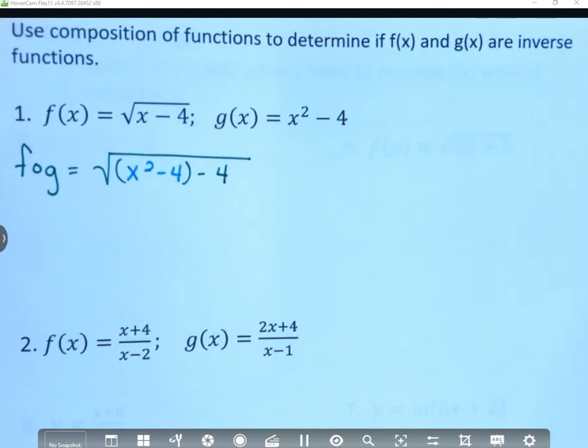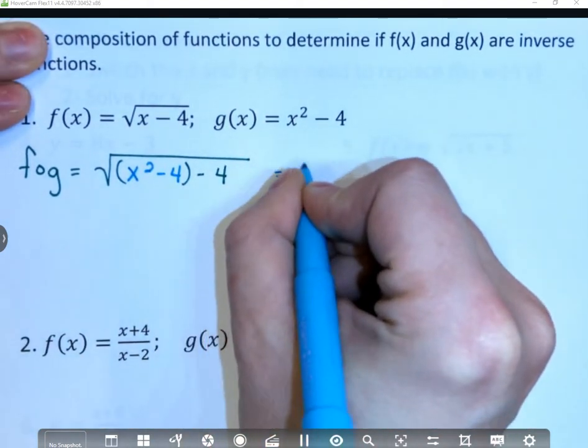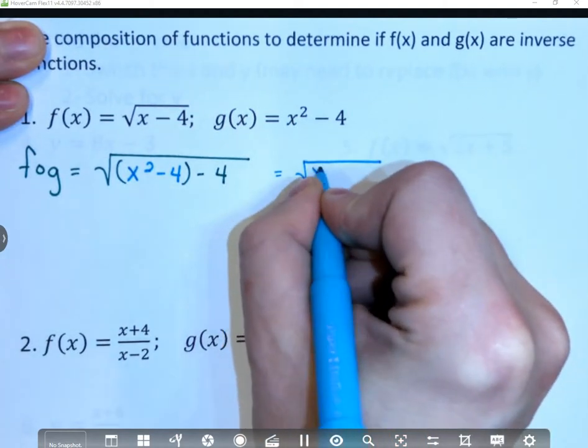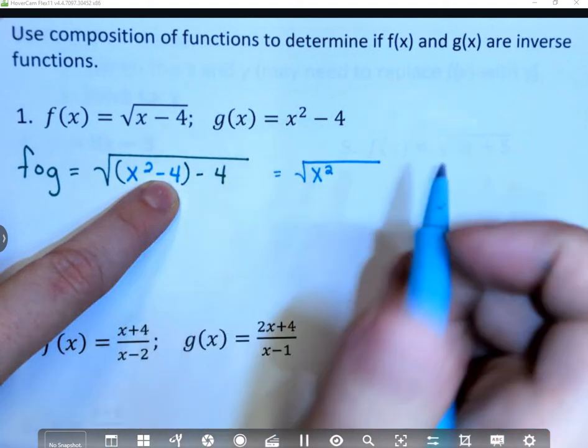Do I need those parentheses? What would that be? -8.